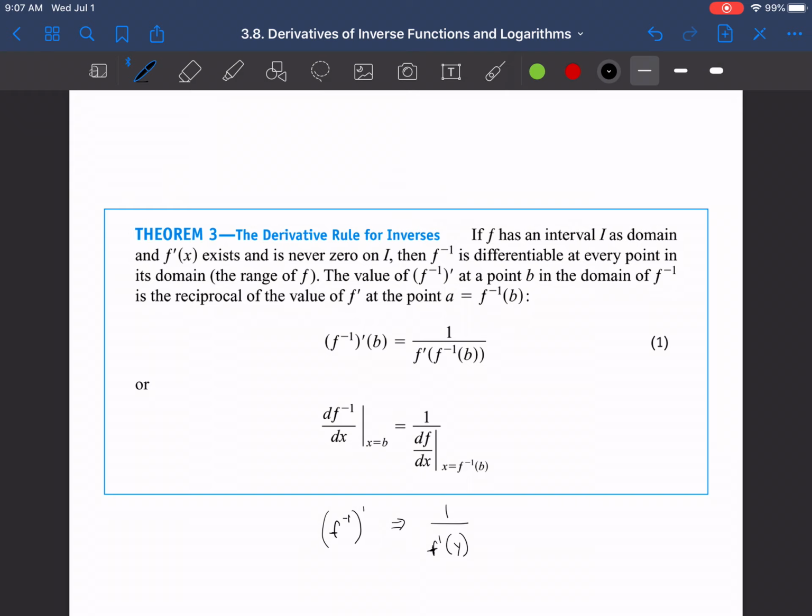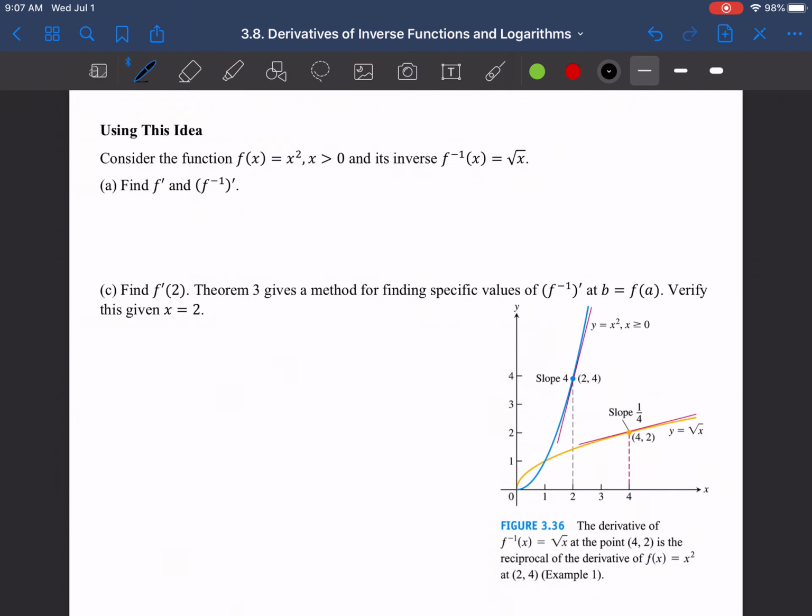You've got to swap them, if that makes sense. You have to figure out what it is in reciprocal terms and do it from there. So you're kind of just swapping what the x's and y's are, because x's and y's swap when you do inverses. So let's try using it.